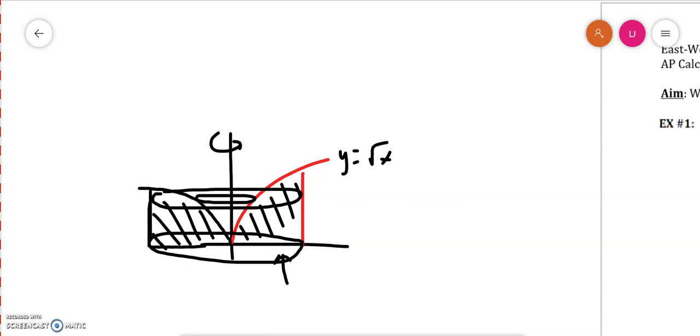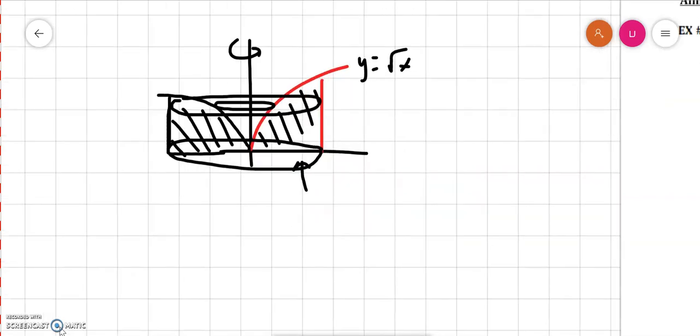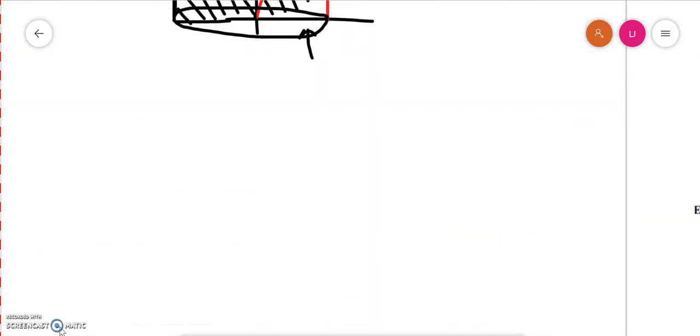And it's basically a circle with a hole cut out of it, so sort of like a donut. And we use the washer method when we're rotating a shape, but then there ends up being some empty space in the middle. Now the way we do this is going to be very similar to the way we did area between curves. So let's take a look at an area example.